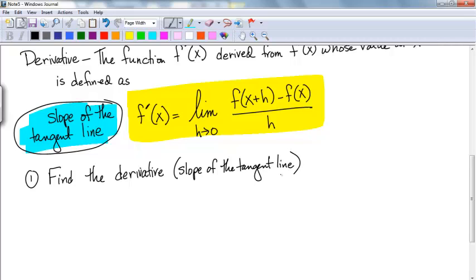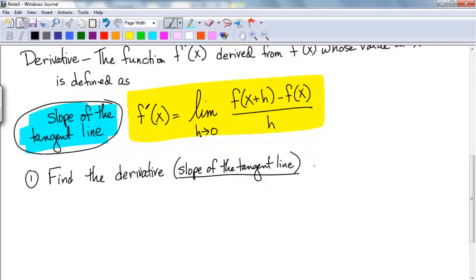The reason I emphasize that is because I went for probably a month in my calc before I realized that when I found the derivative, what I actually found was the slope of that tangent line. So the first derivative is the slope of the tangent line.